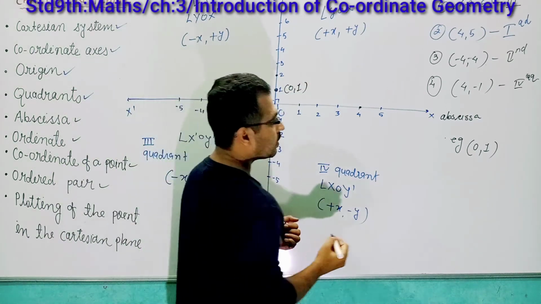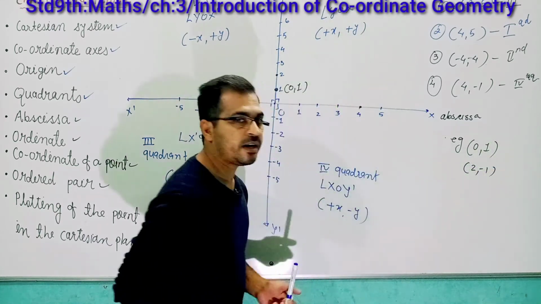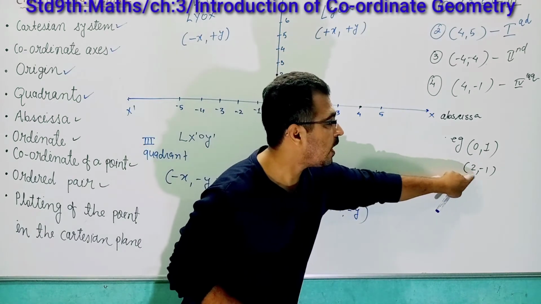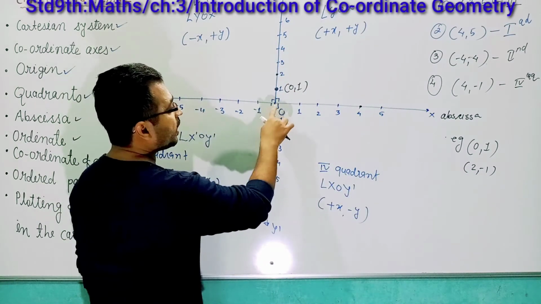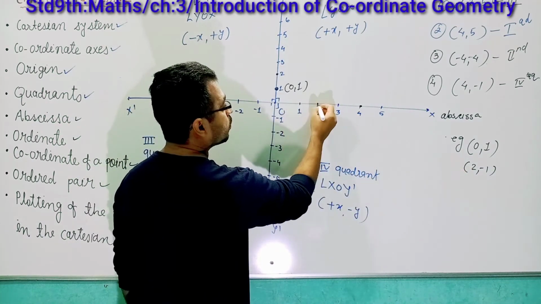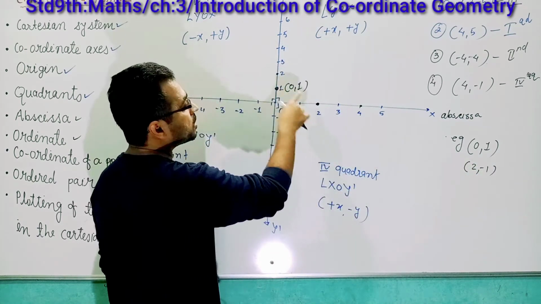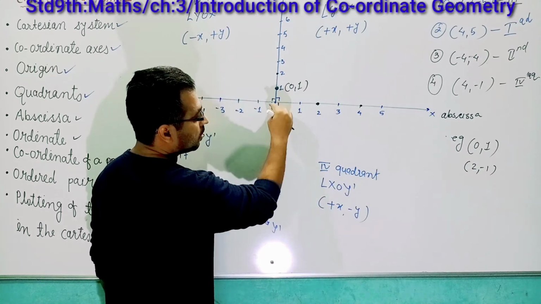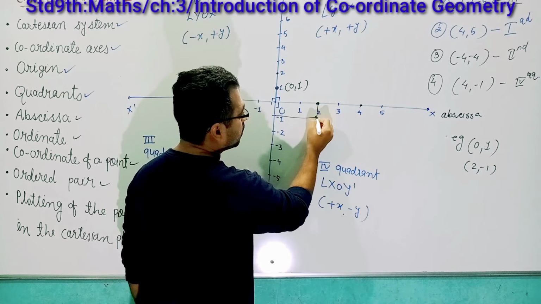Right? Okay. Suppose you want to locate 2 and -1. The value of x is 2 and the value of y is -1. So the value of x is 2, means positive 2, right? So 1, 2. From here to -1. This is a point of the y-axis, so lower half plane, so from here to here, right students?